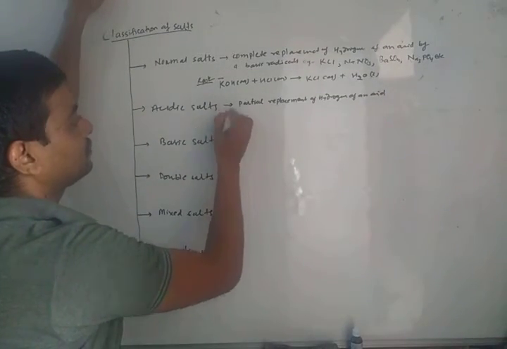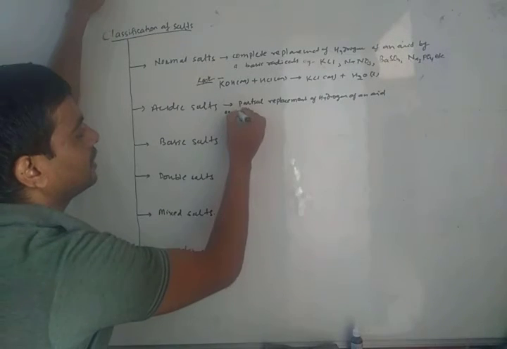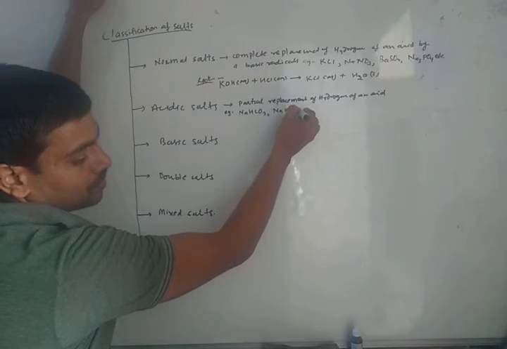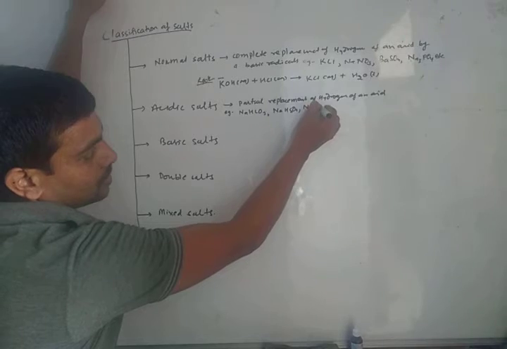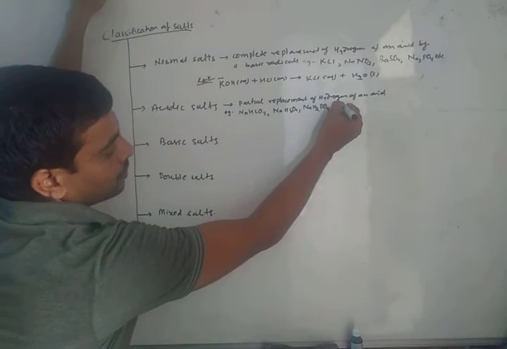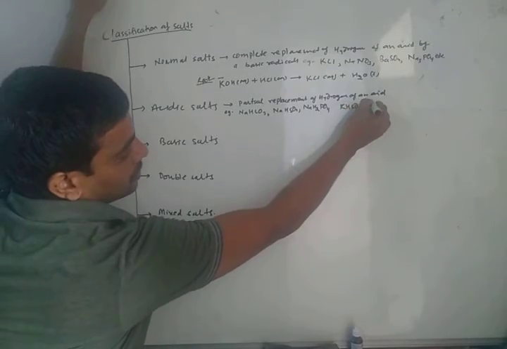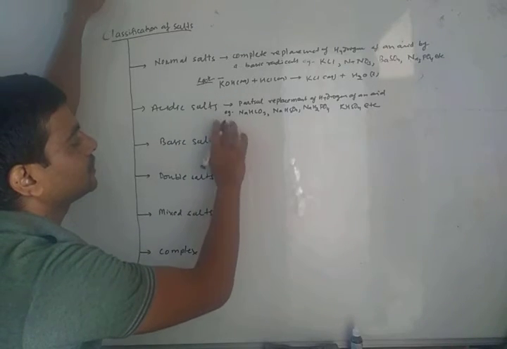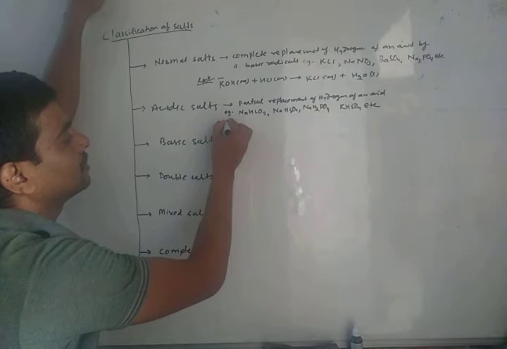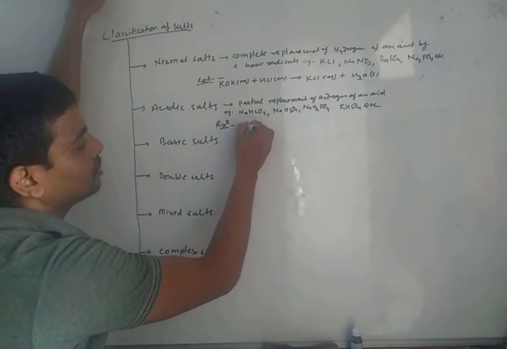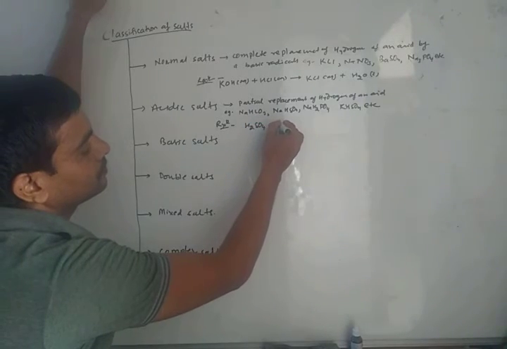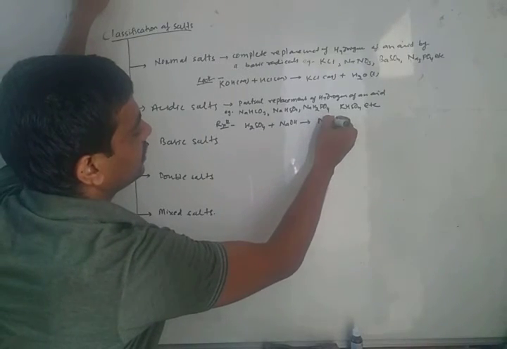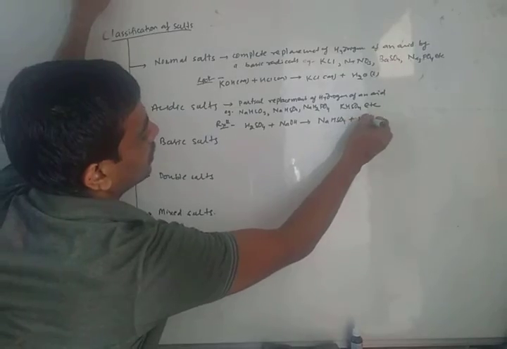For example, NaHCO3, NaHSO4, NaH2PO4, KHSO4, etc. This can also be explained with an example. The reaction is H2SO4 plus NaOH gives NaHSO4 plus H2O.